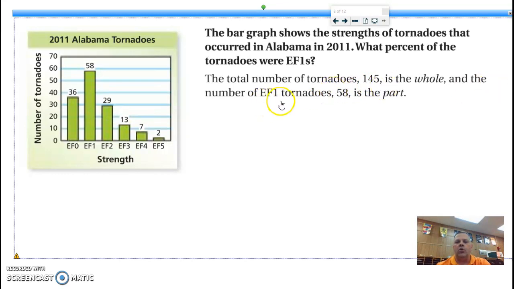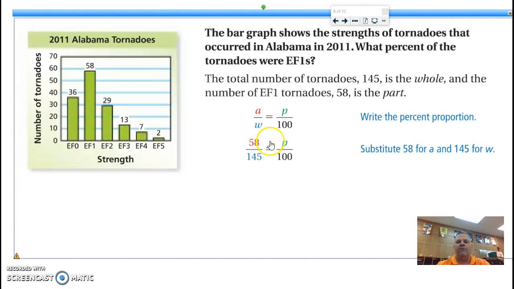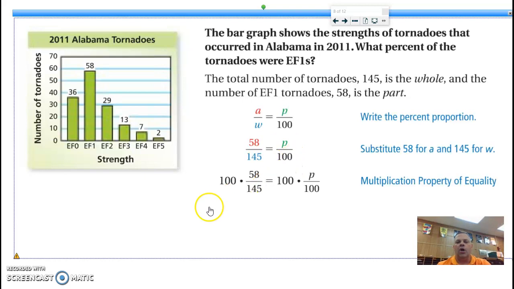The number of EF1 tornadoes was 58, which is the part. Now I can set up my proportion. The part of the whole is over of equals percent over 100. Substitute in the part for A and the whole for 145, and you get 58 over 145 equals P over 100. In order to solve, we will then take 58 times 100.